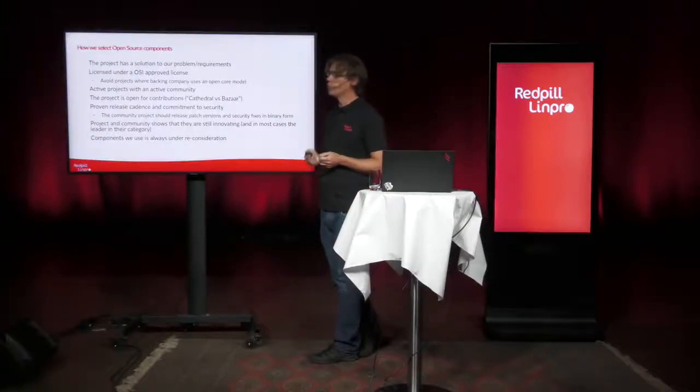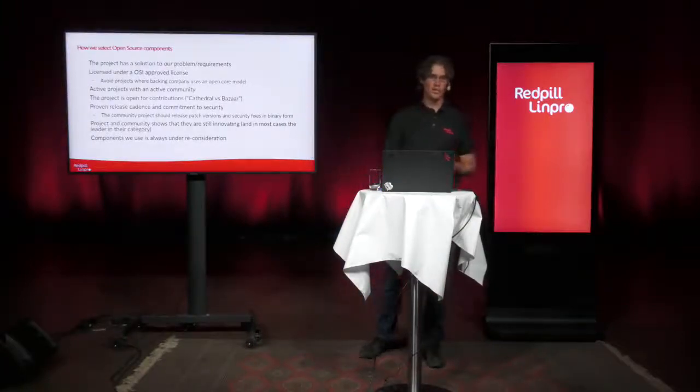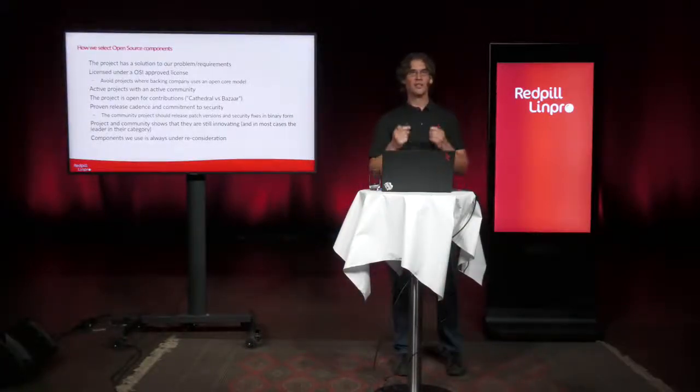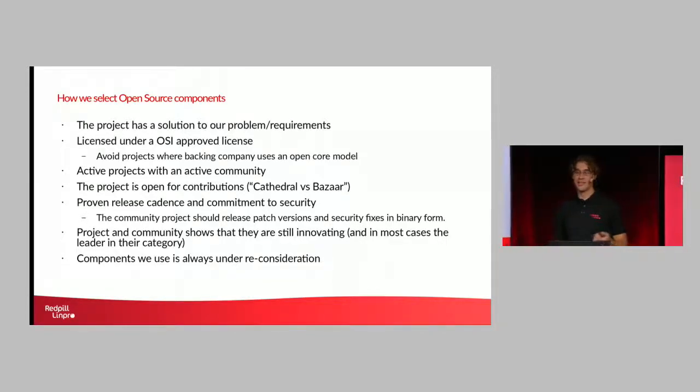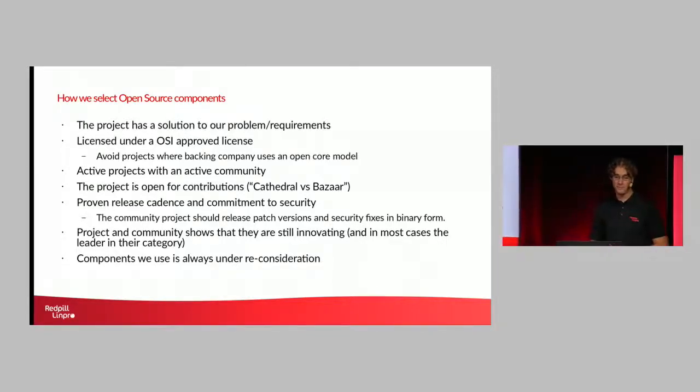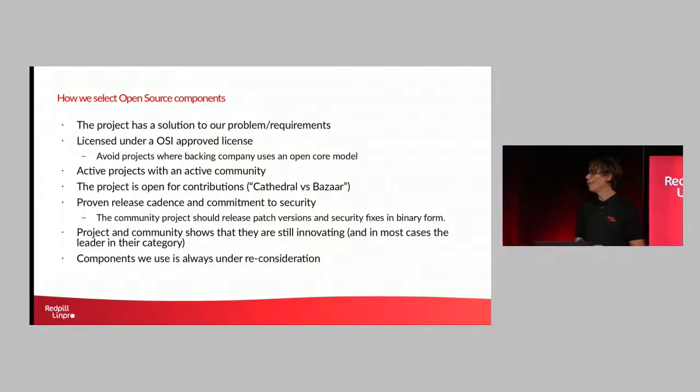First of all, we want the component that we select to actually solve the problem and requirements that we have. Of course, we don't select a tool that doesn't fulfill our requirements. We also want the project to be licensed under an OSI-approved license, making sure that it's licensed under a license that we all know what it means.